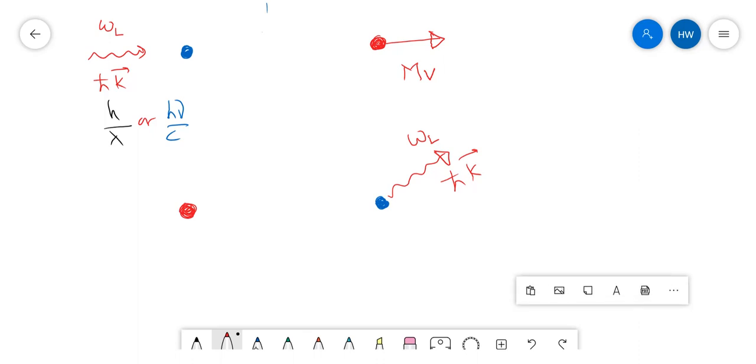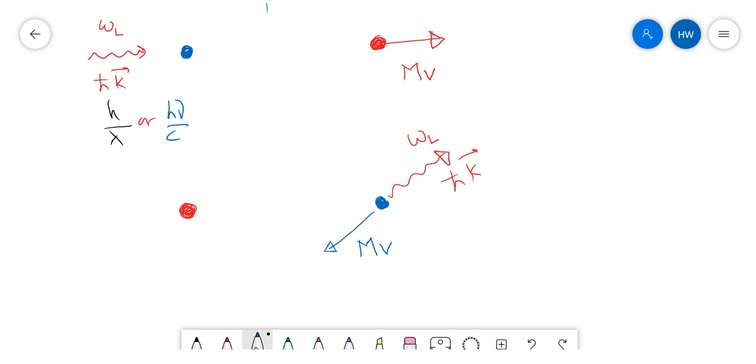Once the photon takes away the momentum in that direction, obviously if the atom was originally stationary, it would get a kick in the opposite direction, which is again given by the momentum carried by the atom, m v, where v is the velocity of the atom because of the recoil which it got because of the photon leaving it.